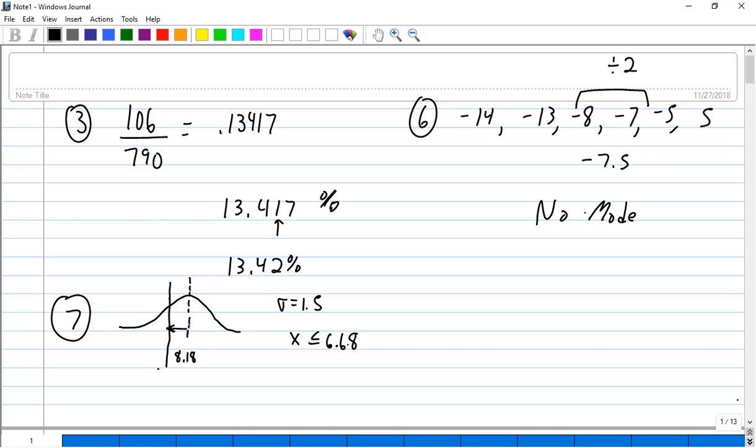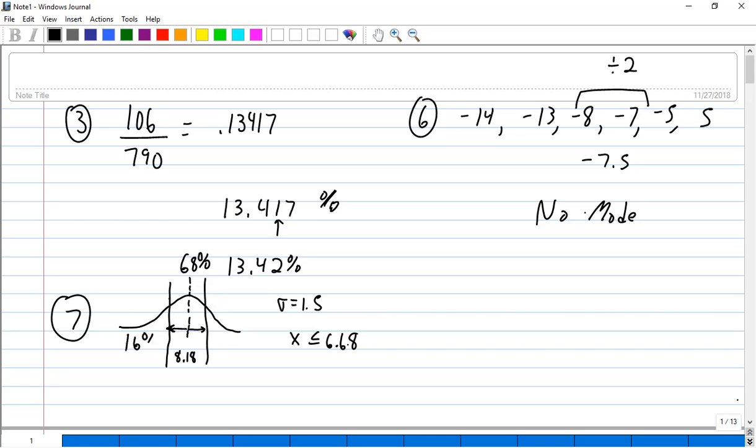Remember, the way the empirical rule works is if you go one standard deviation below and one standard deviation above, that includes about 68% of all your data items. That leaves 100% minus 68%, which is 32%, out here and out here. It's symmetrical, so you divide by 2.